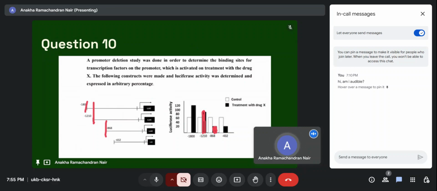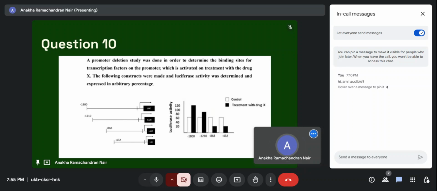If the activation site was only between 1800 and 1200, this part would also have the same kind of bar. But you don't see that. You see a decrease, and that is because between 1210 and 868 you had another binding site for an activator.